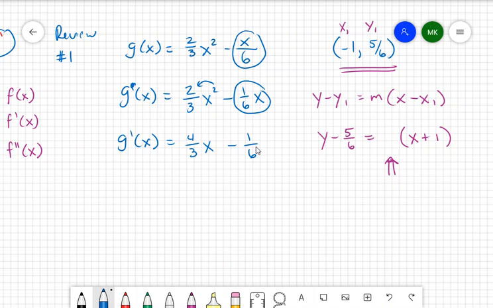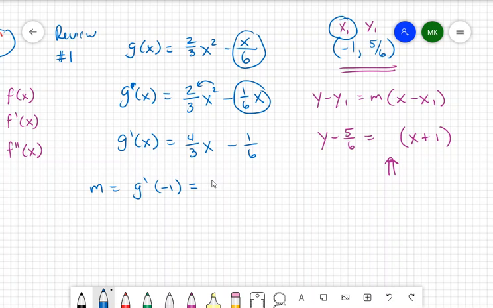So g prime is 4/3 x minus 1/6, and to find the slope, m, we are going to plug in x, which if you look back at the point up there was negative 1, into that function. So remember, this is where we find x up here. X is the x coordinate from the point.